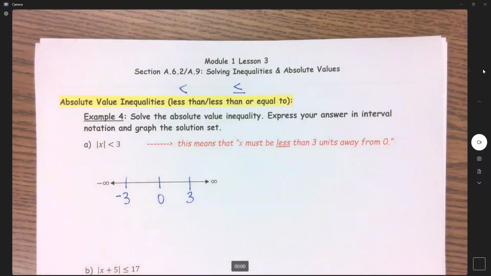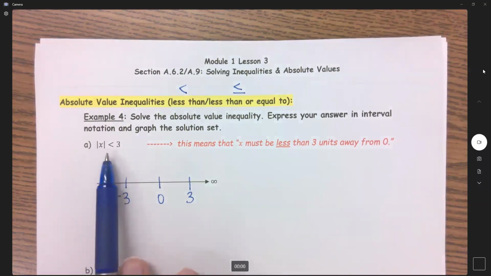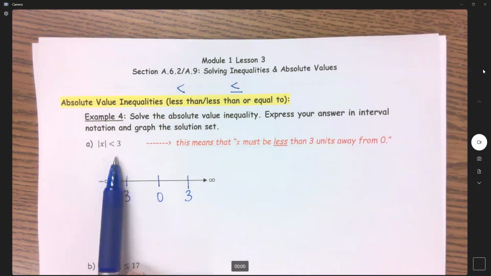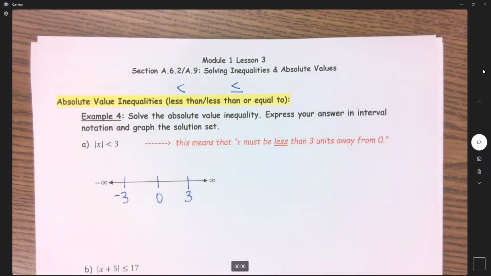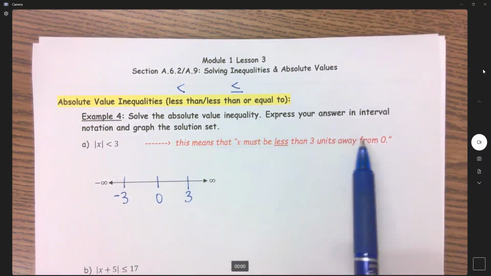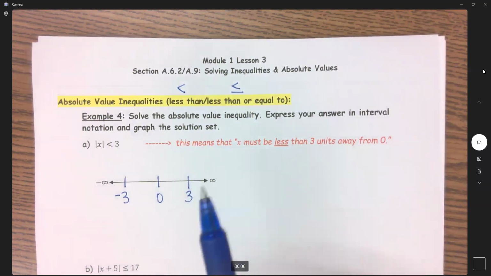So if we start with A, just a super basic one here. It says the absolute value of X is less than 3. So the absolute value means that we're talking about the distance from 0 must be less than 3. So I've put over here what I just said, right? But this means that X must be less than 3 units away from 0.